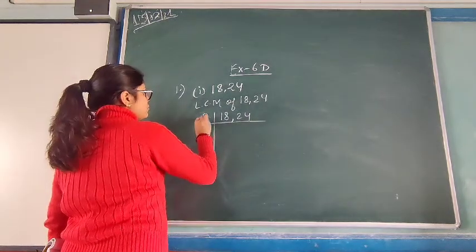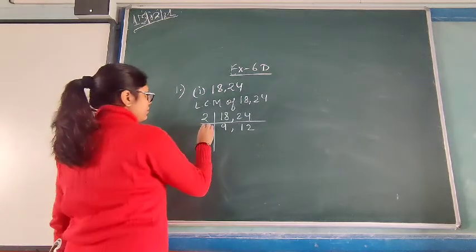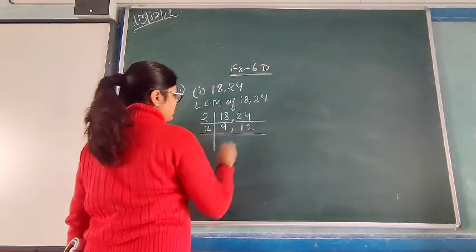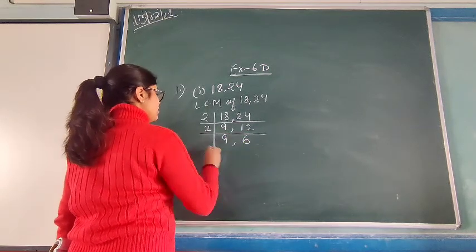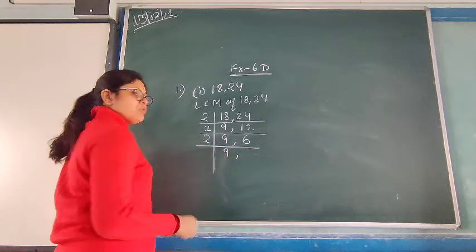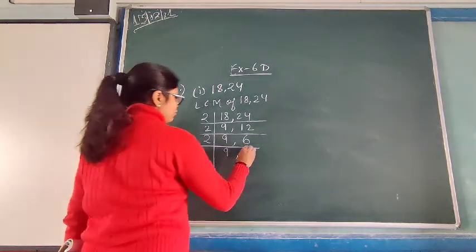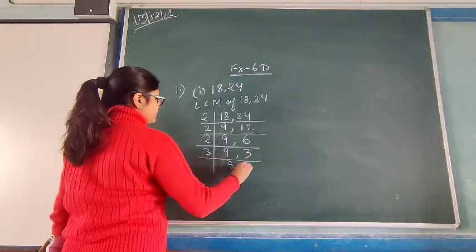Now 2 9s are 18, 2 1s are 2, 2 2s are 4. Now 9 is not divisible by 2, we will write it as it is. 2 6s are 12. Then 9 is not divisible by 2, you will leave it as it is. Now 2 3s are 6. Now 9 and 3, both are divisible by 3.